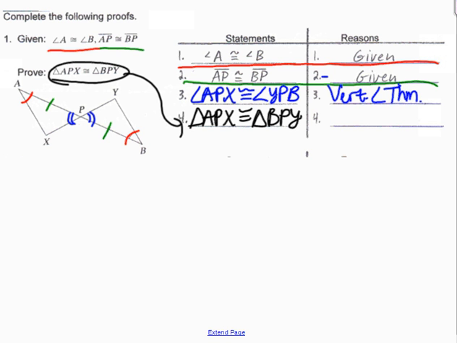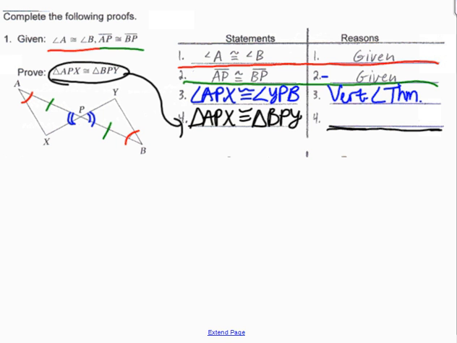Now my reasoning that goes here is either going to be the side, side, side, side, angle, side, or angle, angle, side. So that's why it's so important in this proof to mark up your picture, because then it's a lot easier for you to tell which reason to put there.